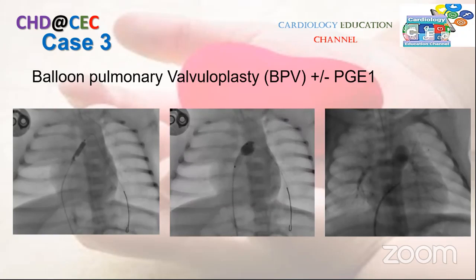So if you have a hypertrophied muscular infundibulum, not a fixed subvalvular band like Khaled said, or muscle band, or fibrous band below the valve, or attached to the leaflets of the valve limiting its mobility, just tubular hypertrophy of the infundibulum with valvular pulmonary stenosis, this can be managed by balloon dilatation unless you have a fixed infundibular obstruction.